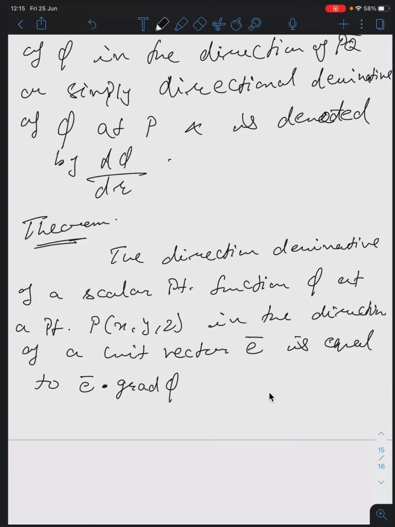So this is the formula to calculate the directional derivative of any scalar function at any point in the direction of a unit vector, that is E bar dot del phi. E bar is a unit vector, del phi is also a vector only, so you can take the dot product. Got it, all of you?